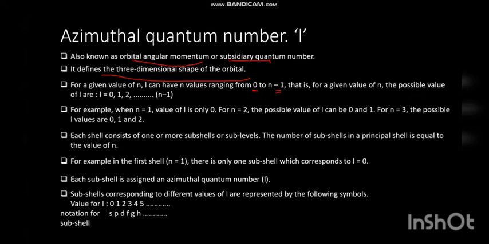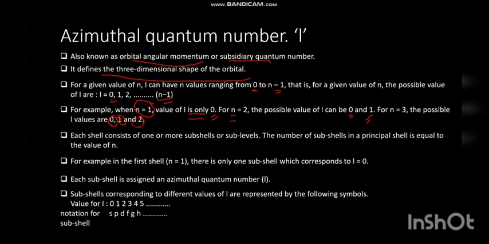If we take n equal to 1, then l, which is n minus 1, will be 0. If we take n equal to 2, then the possible values can be either 0 or 1. And if we take n as 3, then there will be 3 possibilities: 0, 1, and 2.